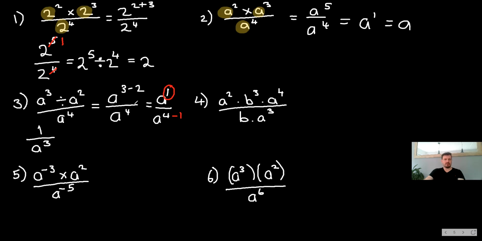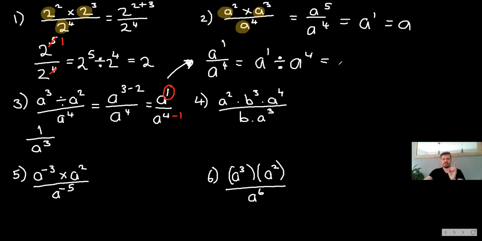Okay, some of you may do this a little bit differently. You may go from this over here. Just going to do this again. So you may have A to the 1 over A to the 4 like this, and you may say, okay, I was essentially dividing by A to the 4.